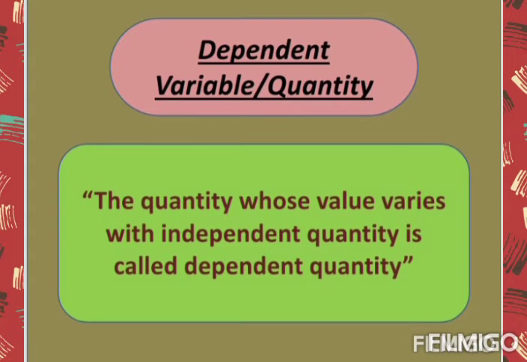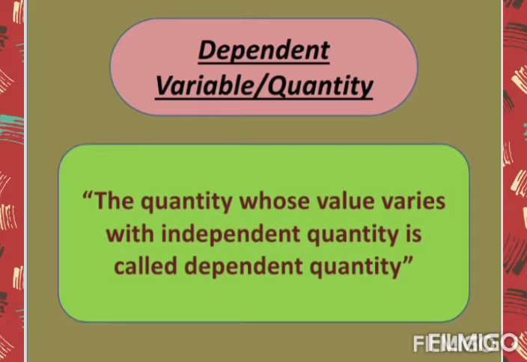Here is another quantity that is called dependent quantity or dependent variable. The definition of dependent variable is: the quantity whose value varies with the independent quantity is called the dependent quantity. Varies means changes.